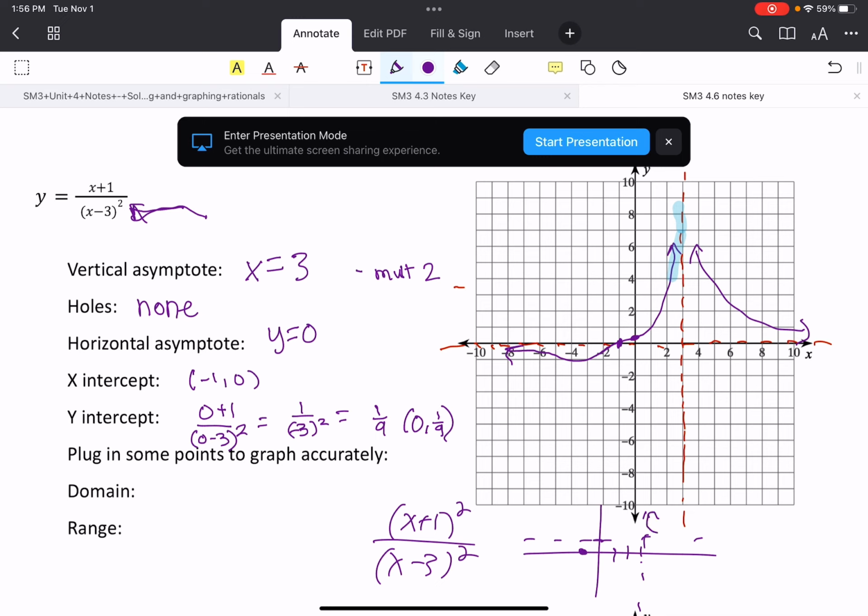This one would have gone up here because we know it can't cross the x-axis again, right? And you know it can't cross the x-axis because when I solved for x-intercepts, I only found one at -1. So then this one would have come down here again, crossed the horizontal asymptote, bounced right there, and come back up. Okay. Good?